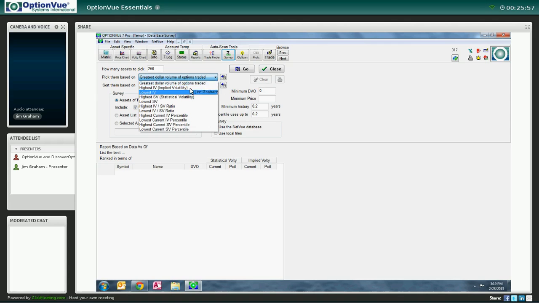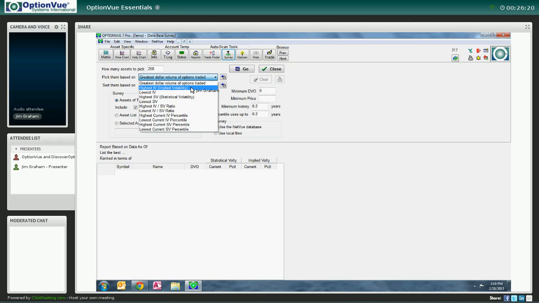But you can also pick them based on, out of all assets, what has the highest implied volatility, the lowest implied volatility, highest SV, the lowest SV. And then you can look at some ratios, the highest IV-SV ratio or the lowest IV-SV ratio.